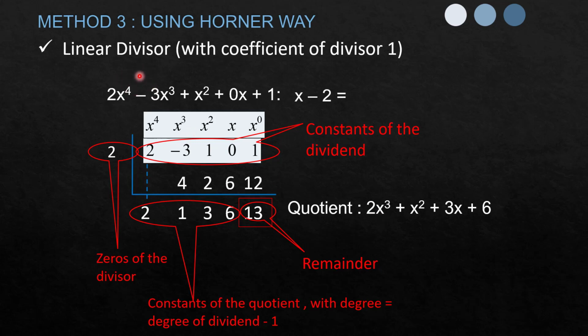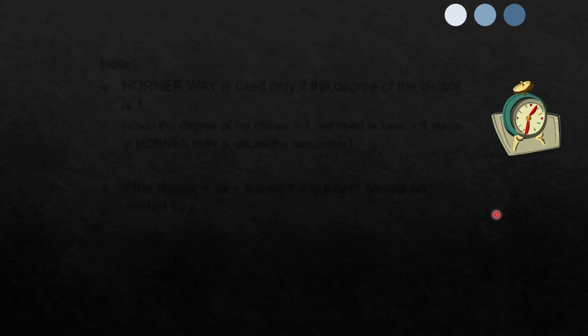Since it is degree 4, then the quotient will be in degree 3: 2x cubed plus 1x squared plus 3x plus 6. So this is how you find the quotient and the remainder using the HORNER way or the scheme method.